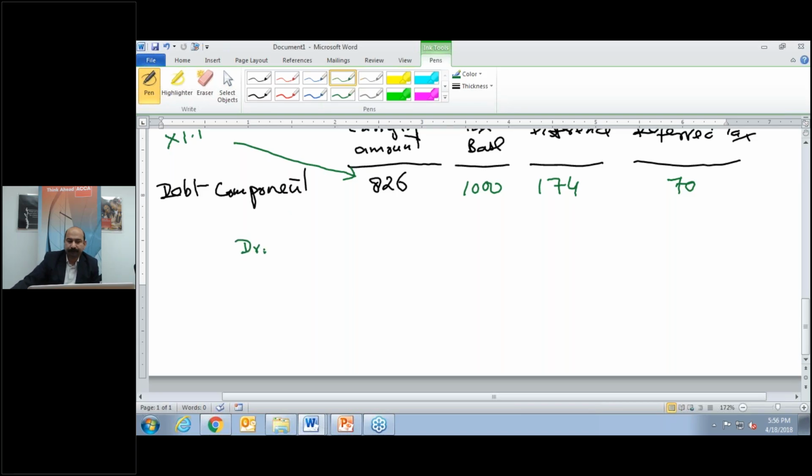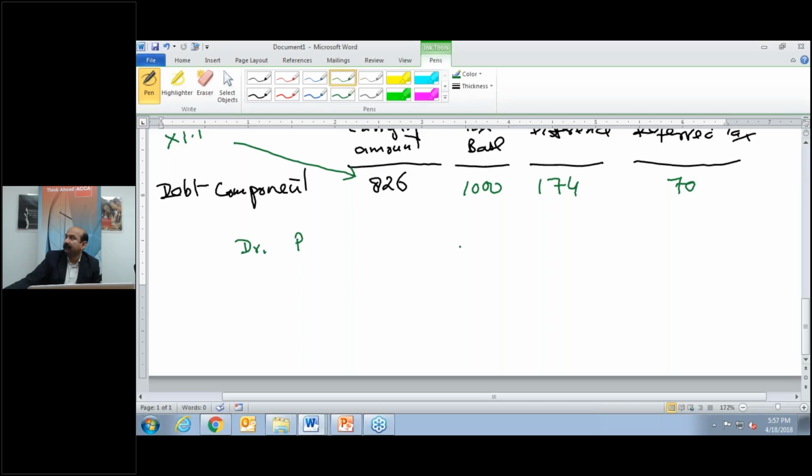debit, profit and loss. So this is in fact deferred tax liability of how much?